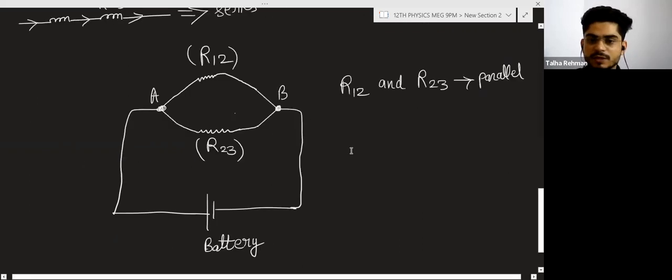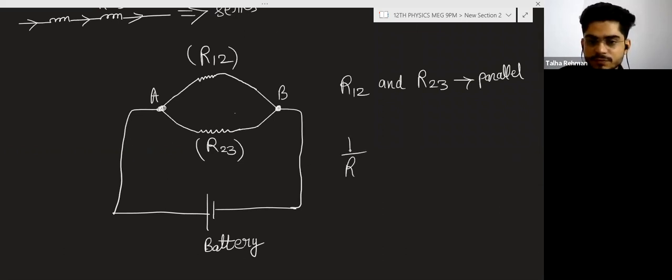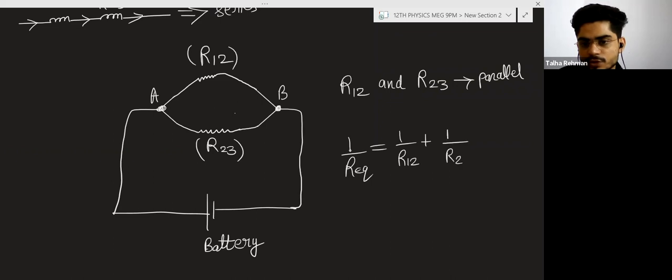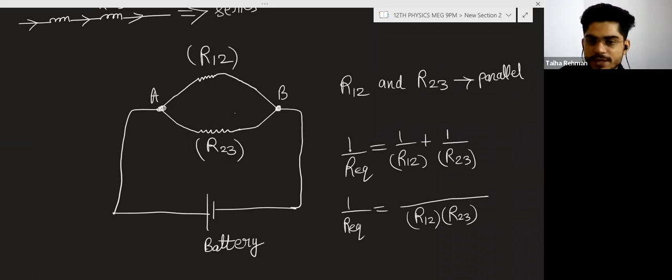For parallel combination, we can find the equivalent resistance. Equivalent resistance for parallel combination is 1 upon R12 plus 1 upon R23. If you want to solve this, you will take the LCM: R12 times R23 in the denominator, and in the numerator R23 plus R12.